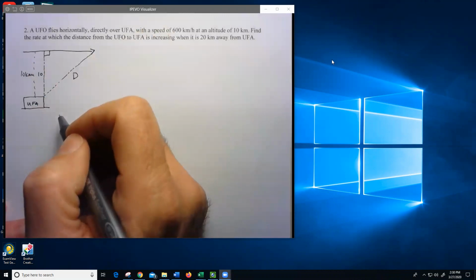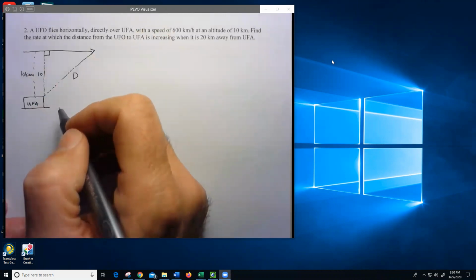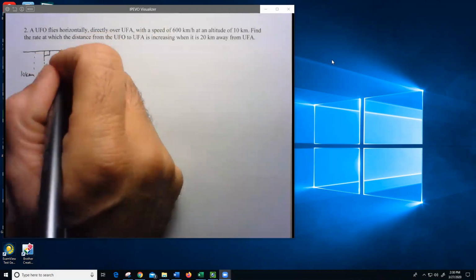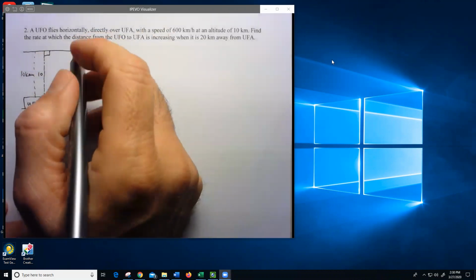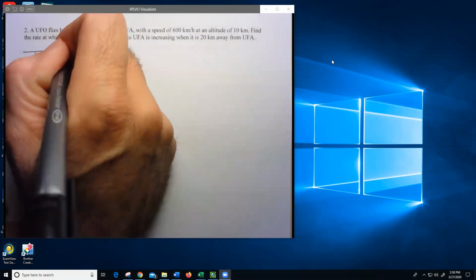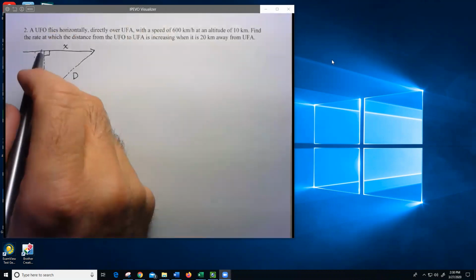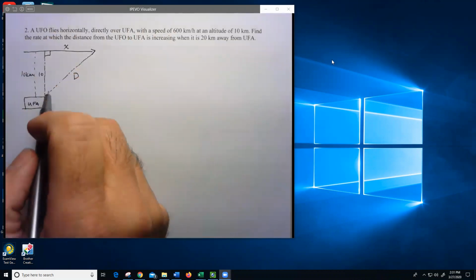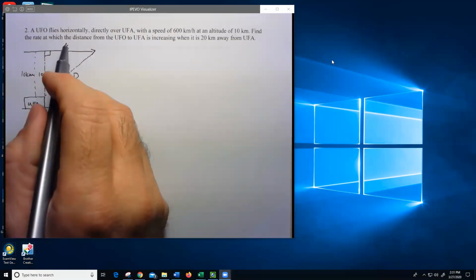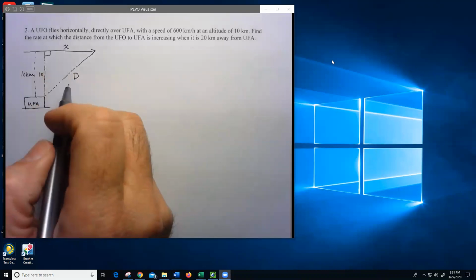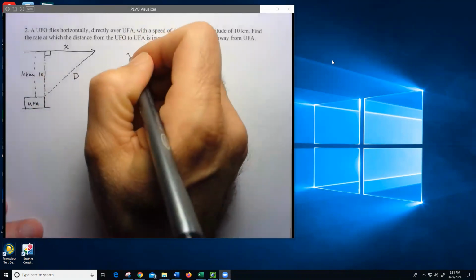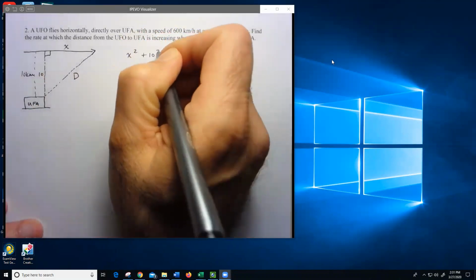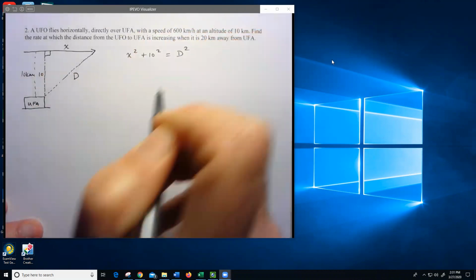What I need is some representation of this distance that's traveled. I saw somebody suggesting x. If I use x to represent this distance here, I can now create a relationship between the two distance variables. So here we can write x squared plus 10 squared is equal to d squared.